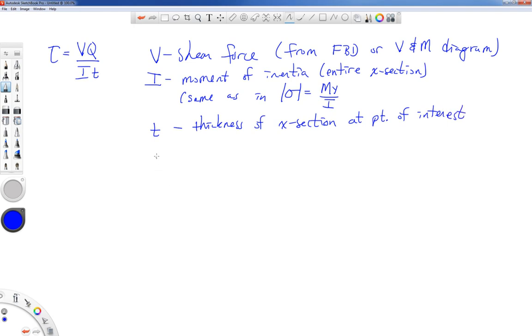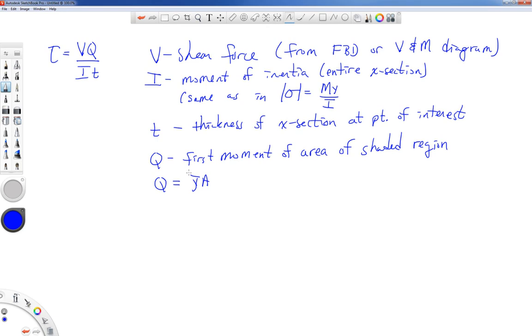And the complicated term is Q. Let me write it down, then we'll talk about it and how to find it. It's the first moment of area of the shaded region. It came about through an integral, but we don't have to use an integral for simple shapes, the kind that I'm going to give you.